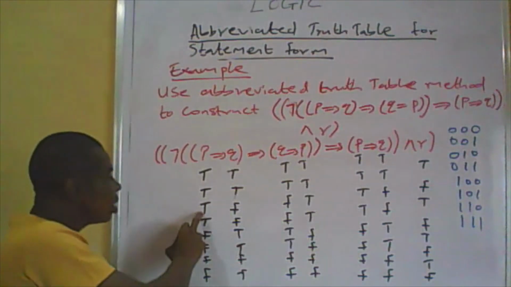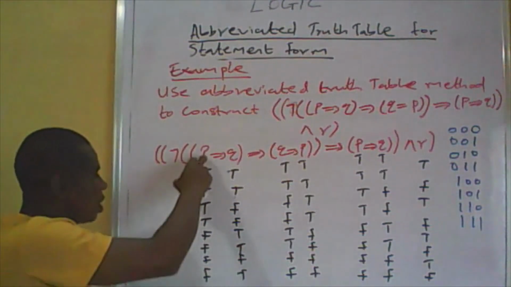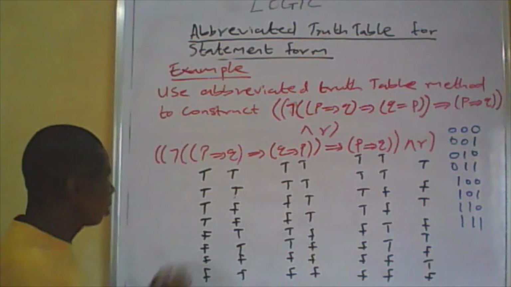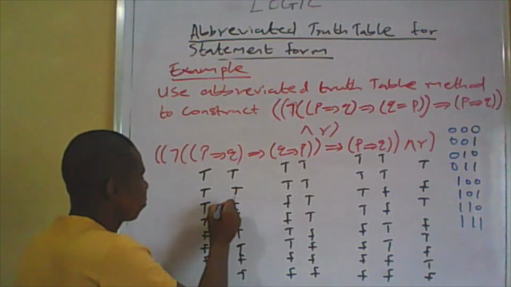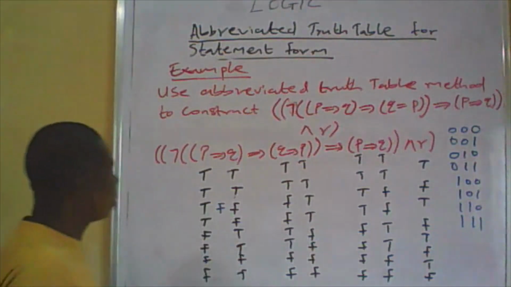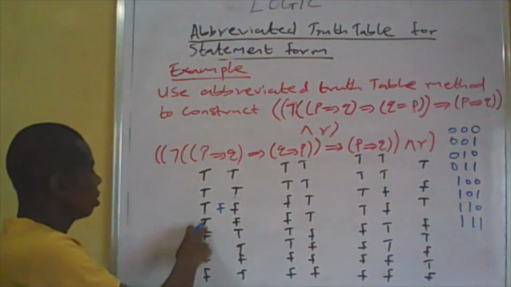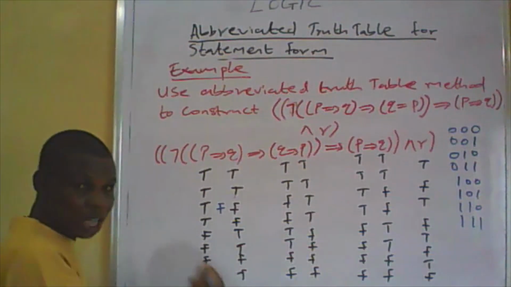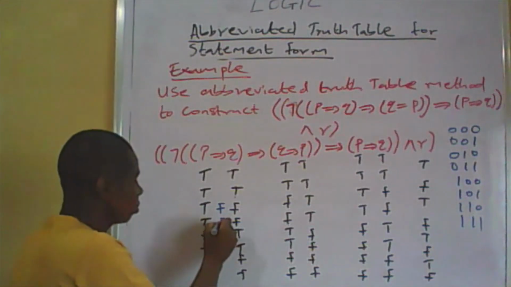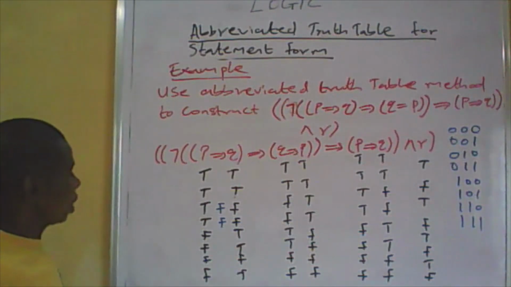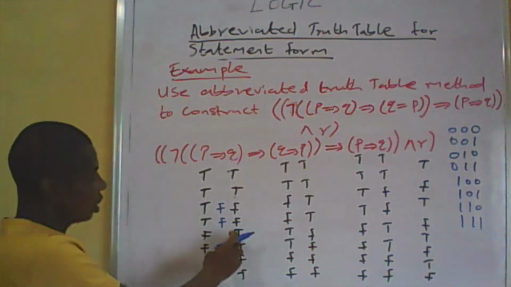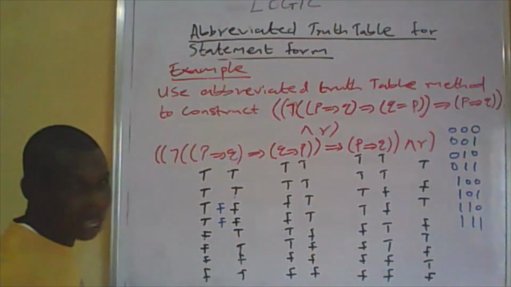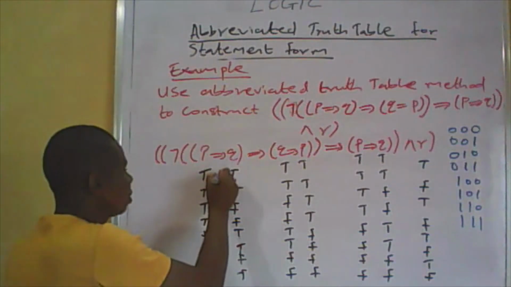Here P is T while Q is F, so it is F. Here you have P T, Q F, it's also F. Then you have F, T, F. So the rest are true.